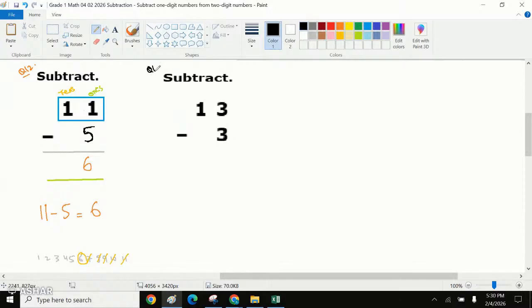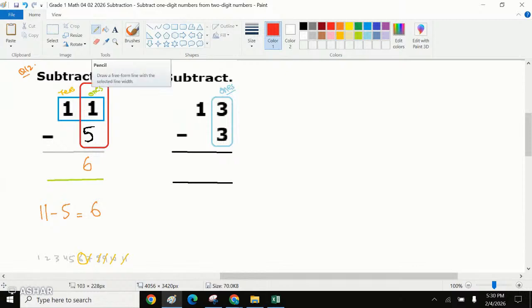In question number 13, since the ones positions are the same, we can solve them. We know that 3 minus 3 is possible. But for the previous question, we know that 1 minus 5 was impossible, right? So that's why we considered 11 as a whole number, 11 minus 5, in the previous question.